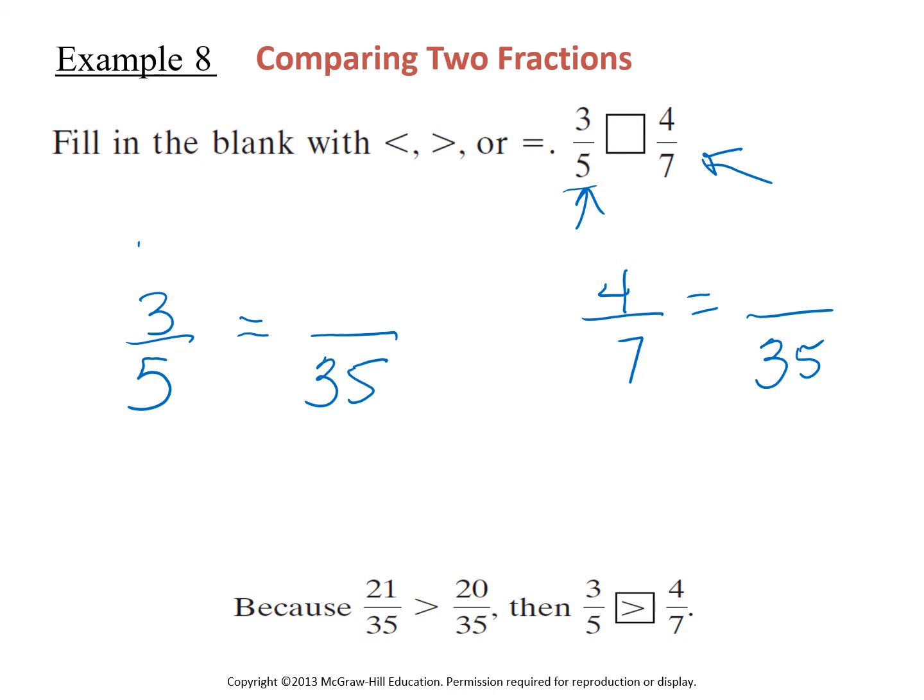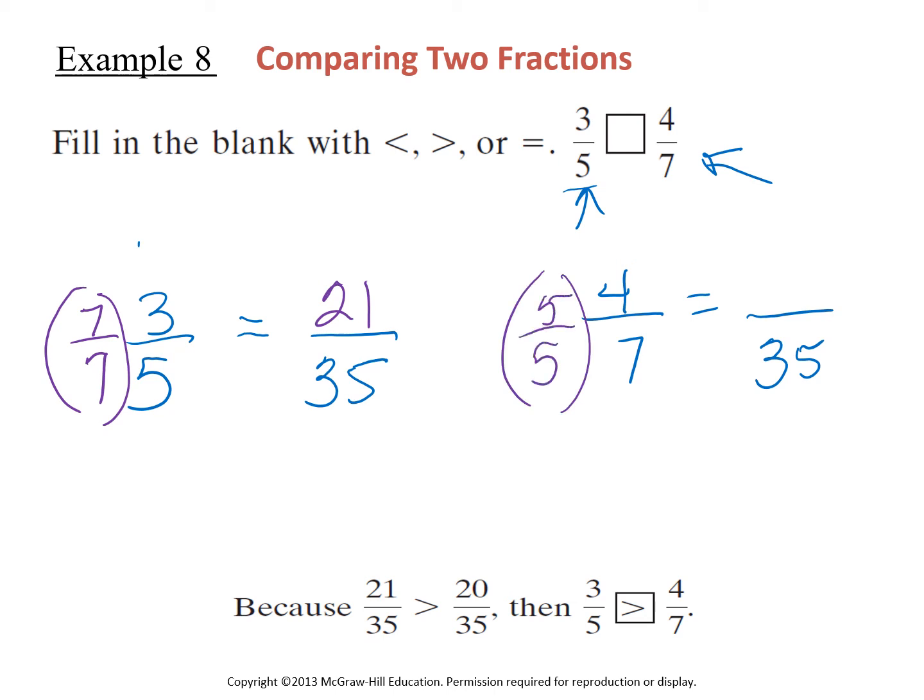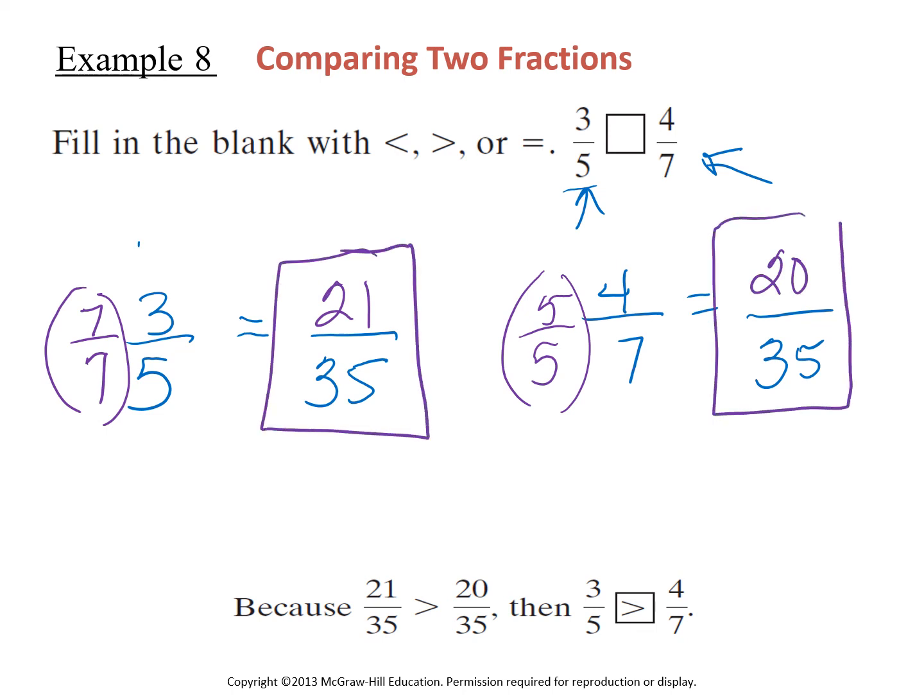So for my first fraction, I'm going to multiply by 7/7, giving me 21/35. For my second fraction, I'll multiply by 5/5, giving me 20/35. And then I see that 21/35 is greater than 20/35. Therefore, 3/5 is greater than 4/7.